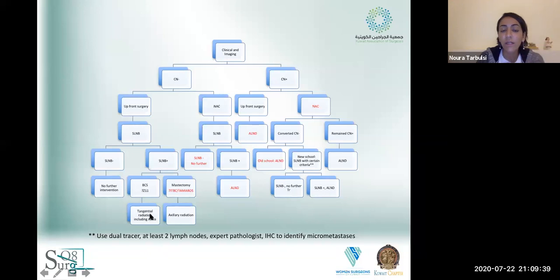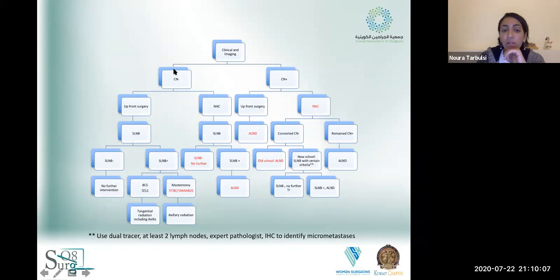The patient will get radiotherapy if she had a lumpectomy in the Z11, or if she was a mastectomy, she falls under the AMAROS and she will get axillary radiotherapy. So clinically node negative, sentinel lymph node turned out to be positive. If the patient is under Z11 or AMAROS, no need for further dissection and just radiotherapy.